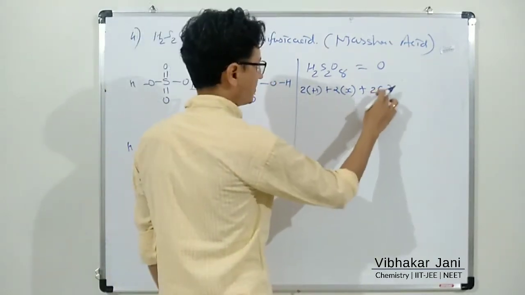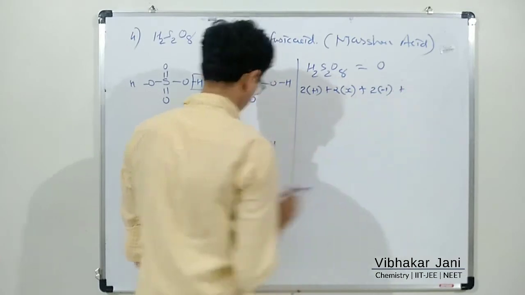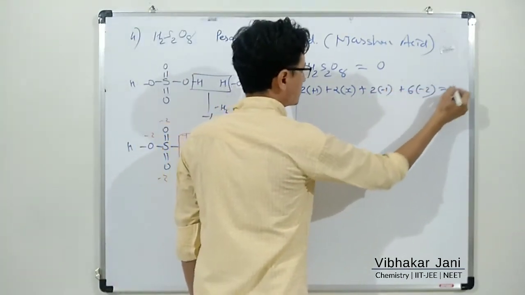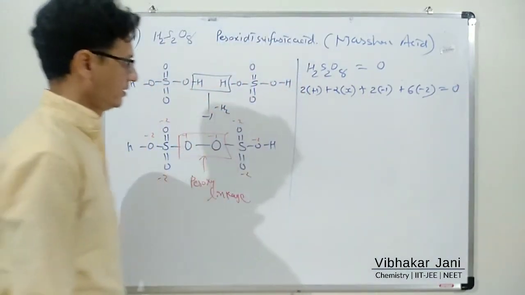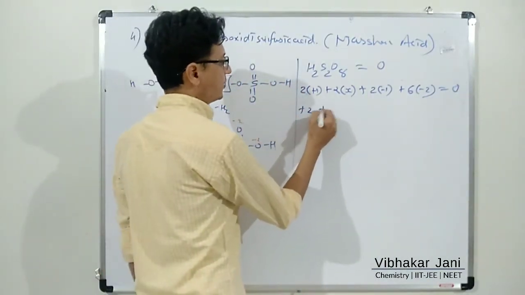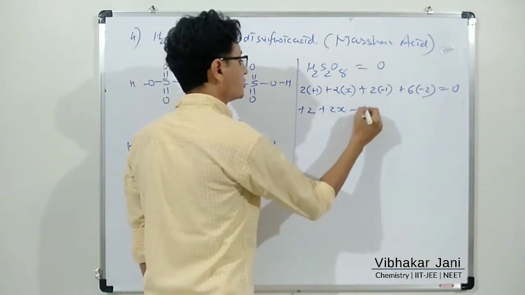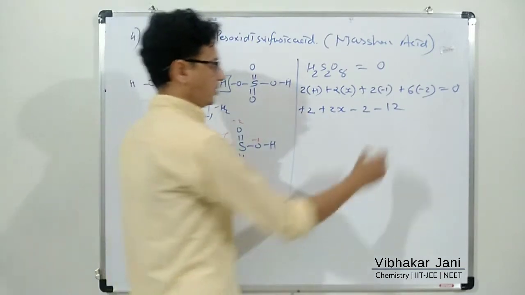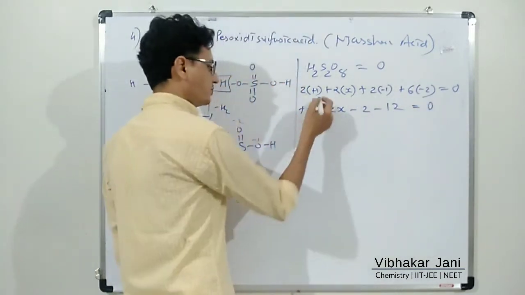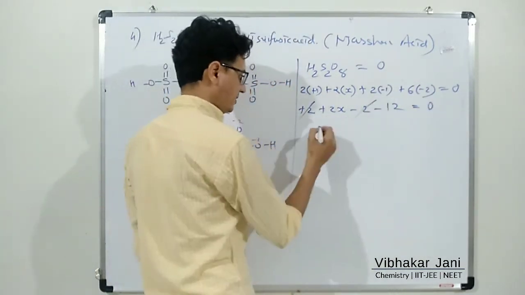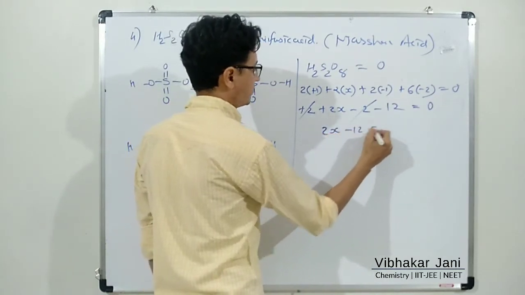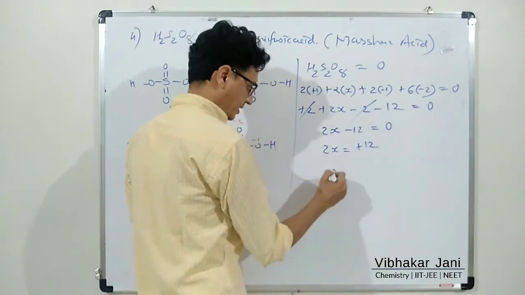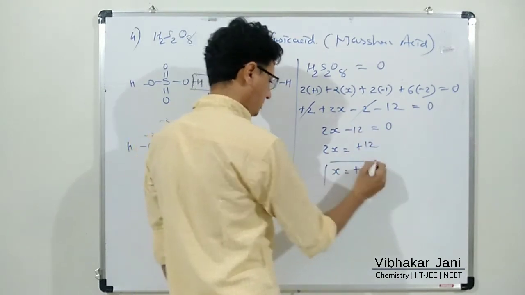So 2 oxygens have oxidation state -1, and 3 plus 3, that means 6 oxygens are in -2. So it is +2 plus 2x -2 -12 is equal to 0. So this +2 and -2 will cancel. We will have 2x minus 12 is equal to 0. So 2x is equal to +12, and in that manner, the value of x will be +6.